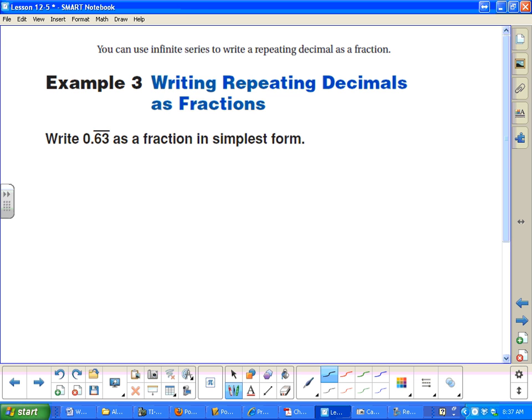So, 0.63 repeating is 63 over 99. Since I have two numbers repeating, I put two 9s in the denominator, and then I just simplify the fraction. So 63 over 99 will reduce to, let's see, 9 goes into both of them, right? So that would be 7 over 11.